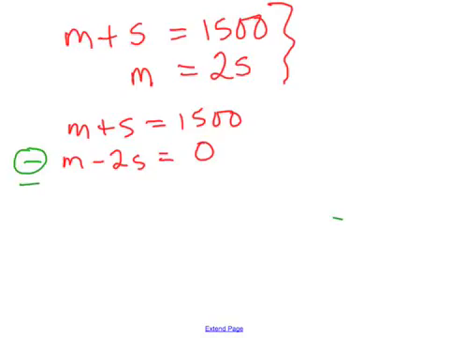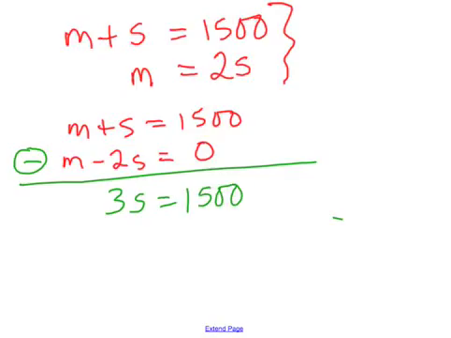So let's go subtract. So I'm going to go m minus m, nothing, cancels. S minus a negative 2s would be 3s. Careful with that there. 1,500 minus nothing is 1,500. Now I have a nice little equation. Divide both sides by 3. I get s is equal to 500.